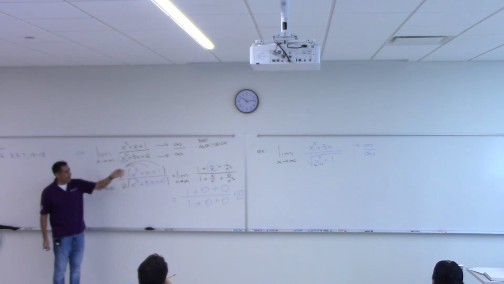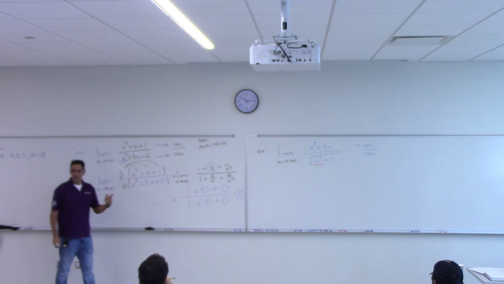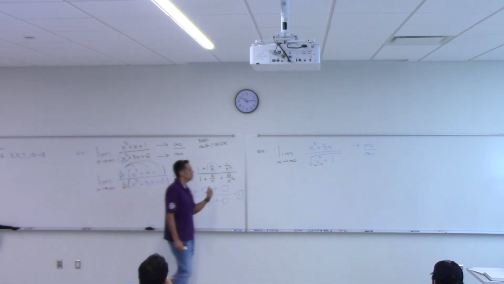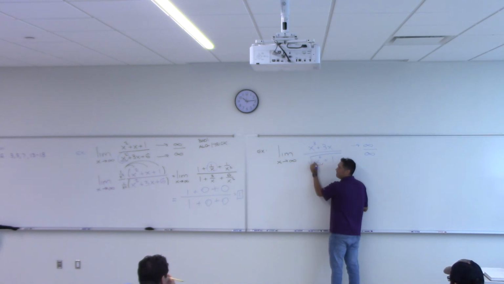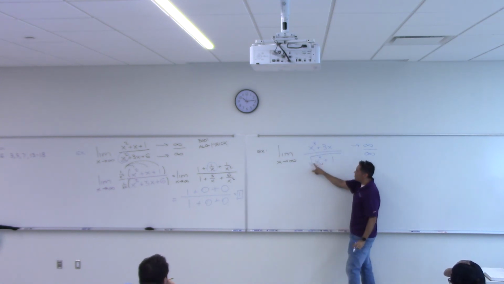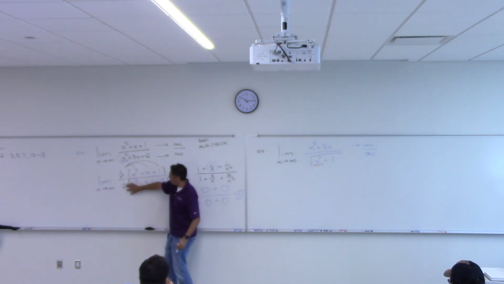So what do I have to multiply that by to make it go away? 1 over x to the 6th, right? But there's a problem. The square root, right? So if I did this, this would not be correct. Well, first of all, I can't just put 1 over x to the 6th in here, because whatever I do on the bottom, I have to do on the top, right?